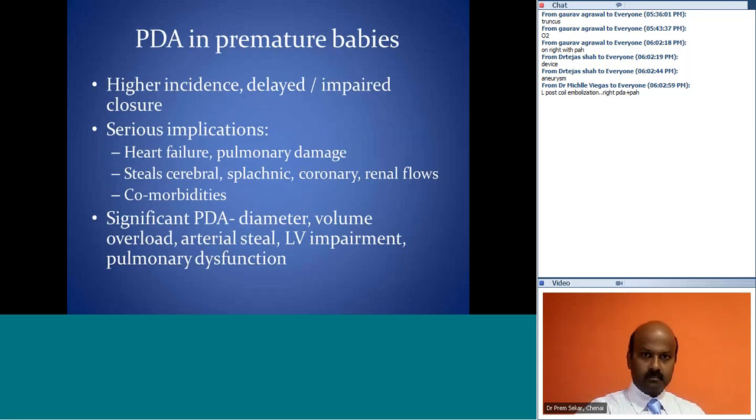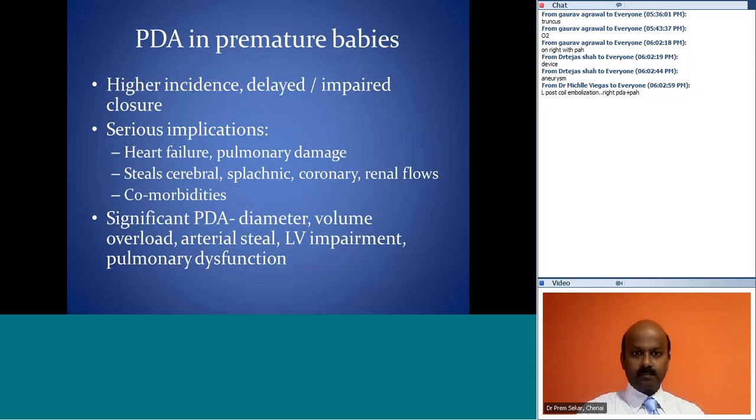PDA in premature babies has a higher incidence for reasons pointed out earlier, which is basically enhanced sensitivity to the prostaglandins.